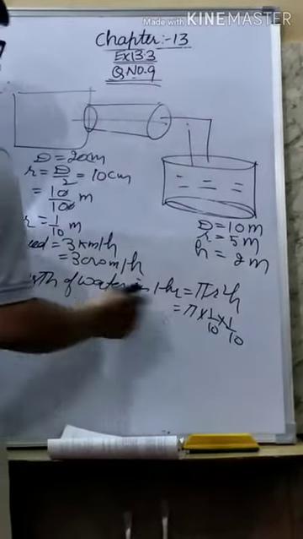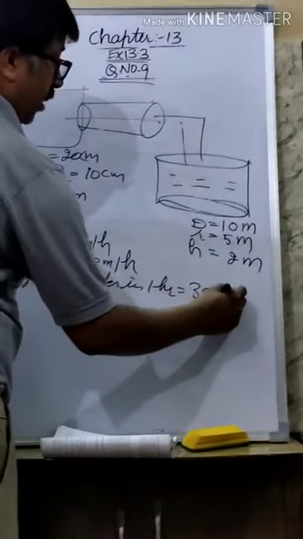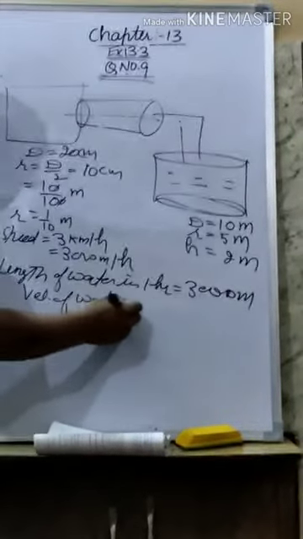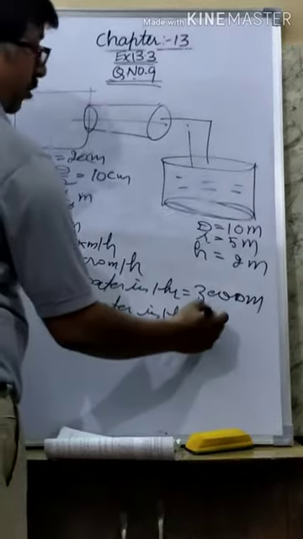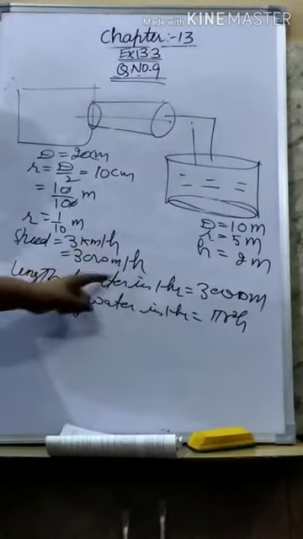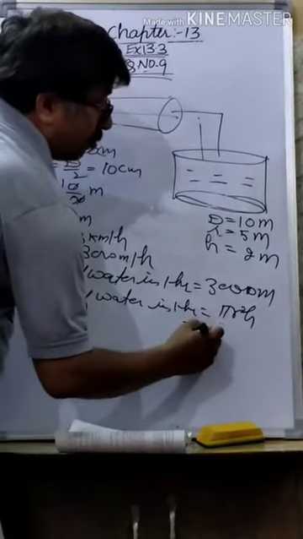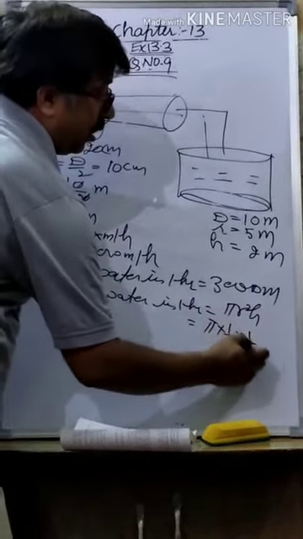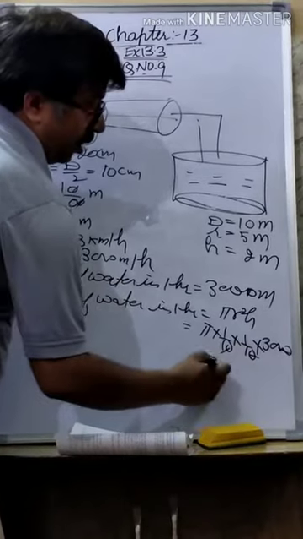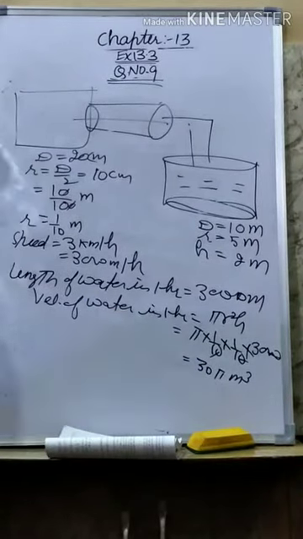The volume of water in 1 hour is the volume of the cylinder, pi r square h. Because I have written here the length of water, this speed gives the length, 3000 meter. So pi r square is pi into 1 by 10 into 1 by 10, and height means length. The answer is 30 pi meter cube. This is the volume of water in 1 hour.